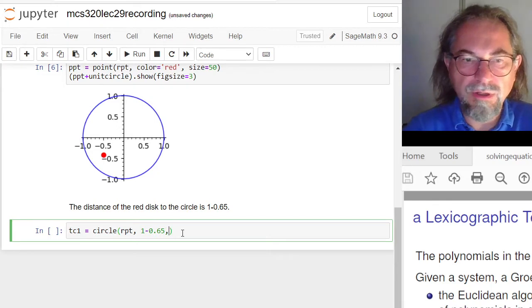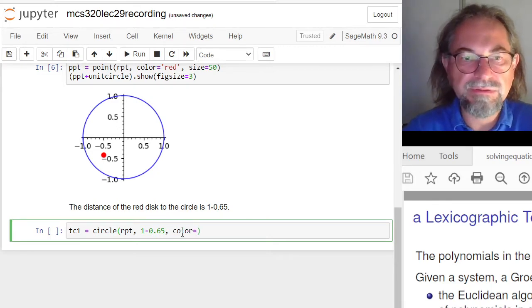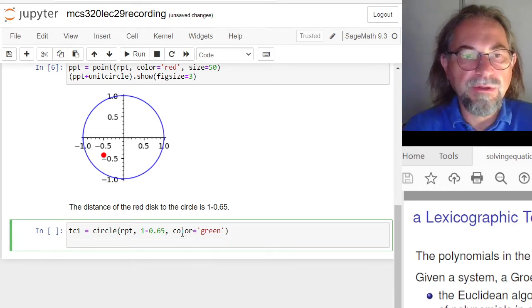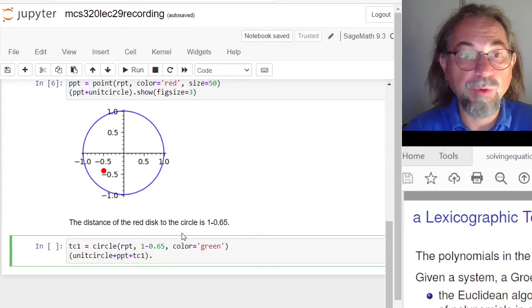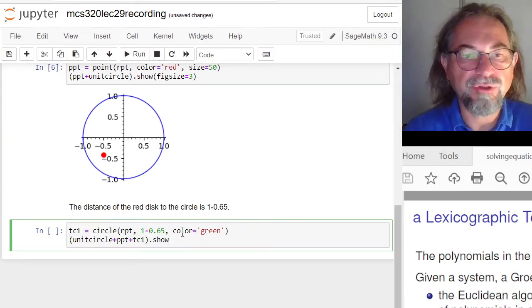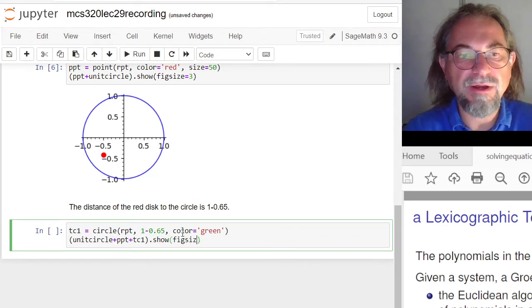I will color this circle in green. So I have my unit circle, the plot of the center, and then the touching circle. It will be the second touching circle, so that's why I named it TC1.